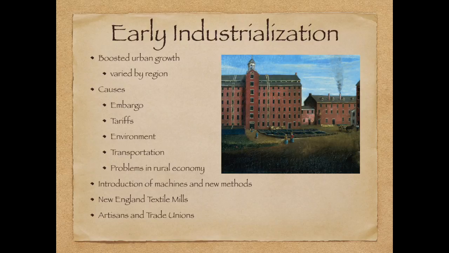However, artisans lacking the capital to become businessmen found themselves on the downslide in the face of competition from cheap, unskilled labor. In the late 1820s, skilled male artisans in New York, Philadelphia, and other cities began to form trade unions and working men's political parties to protect their interests.